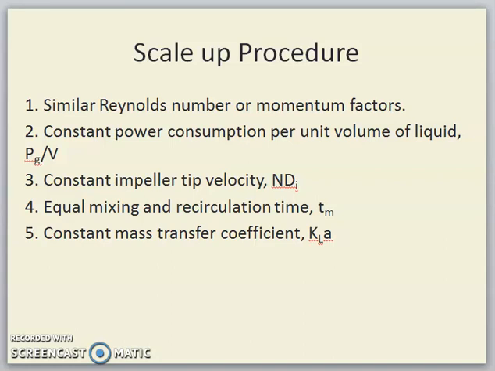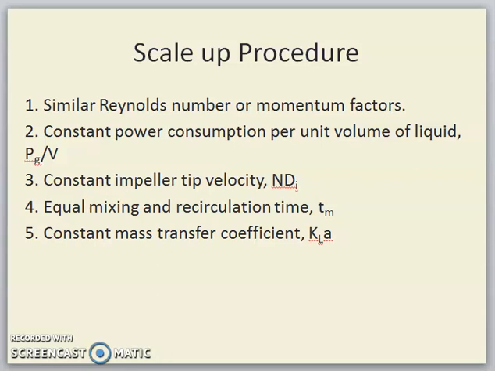To scale up from the small fermenter into the larger fermenter, these procedures can be used. You can use a similar Reynolds number or momentum factors. You can also use constant power consumption per unit volume of liquid, Pg/V, or you can keep a constant impeller velocity, NDi, in order to scale from small to larger fermenter.